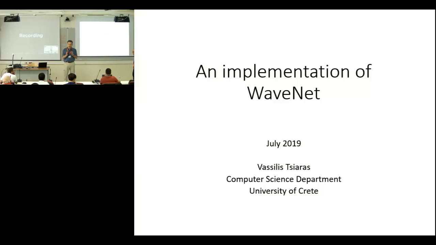So that is exactly the part: the Tacotron, or let's say the sequence-to-sequence mapping from linguistics to acoustics, and then from acoustics to samples in a neural-based speech synthesis system that Vassilis will explain to us today.